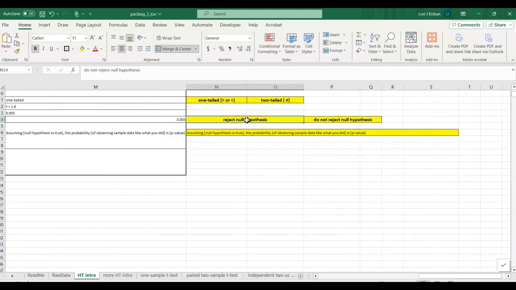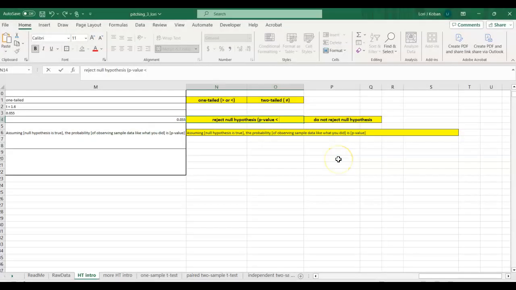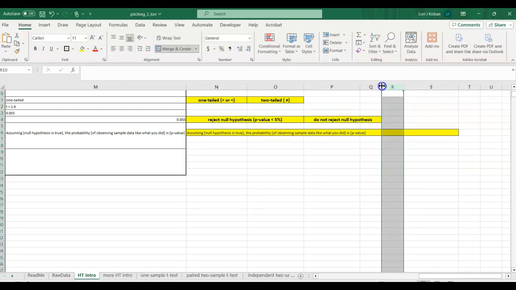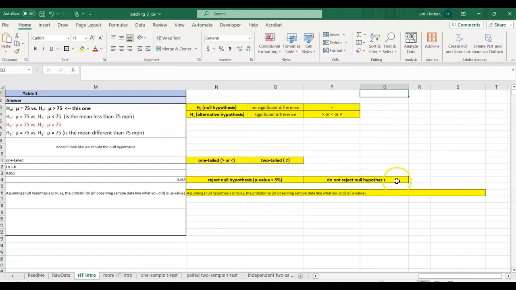Well, we are going to reject the null hypothesis if the p-value is less than 5%, and we're going to not reject the null hypothesis if the p-value is greater than or equal to 5%.